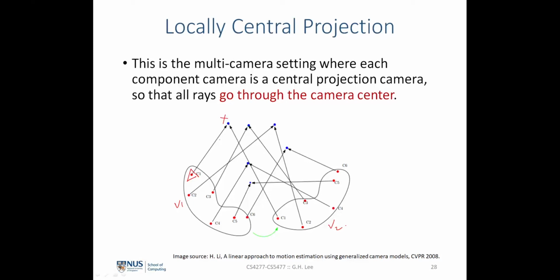Suppose we call this X, and the same 3D point is being tracked by the same camera in the second view of the generalized camera here. We can see this happening for every other point. It's always tracked over the same camera. For example, this second point here is tracked by camera number 2 in the multi-camera system setup, and so on and so forth.